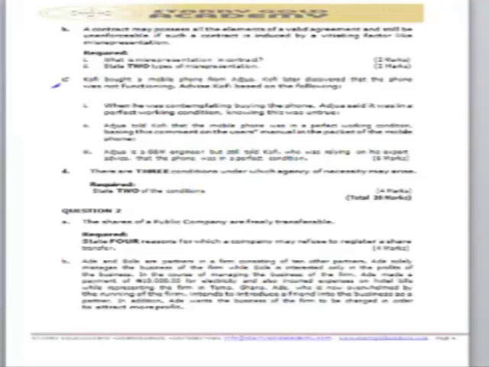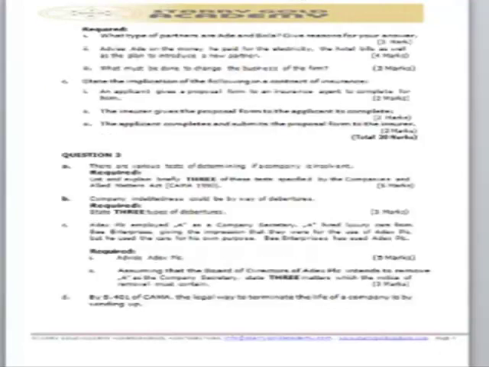Then the B aspect of the question. Let us check the question. It has to do with a case scenario, so let's look at what it's asking us to do. It's talking about the issue of a partnership.